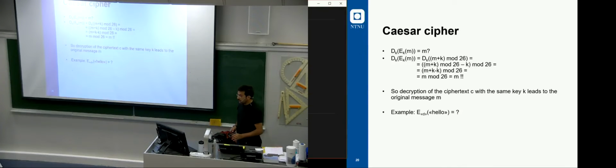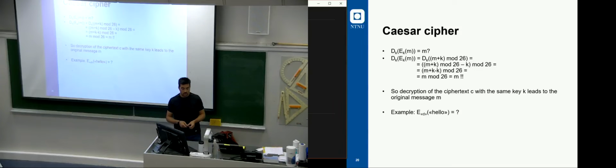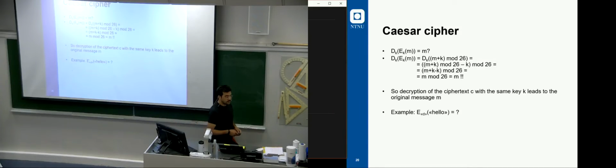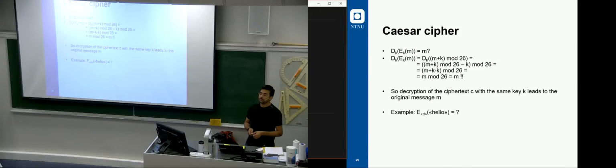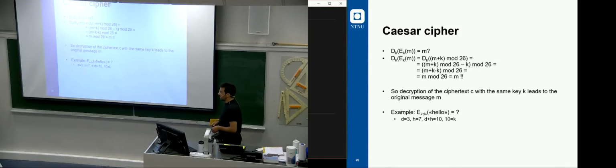So decryption of the ciphertext C with the same key leads to the original message M. Okay. For example, we have a message HELLO, and we have to encrypt it with the key K equal to 3.